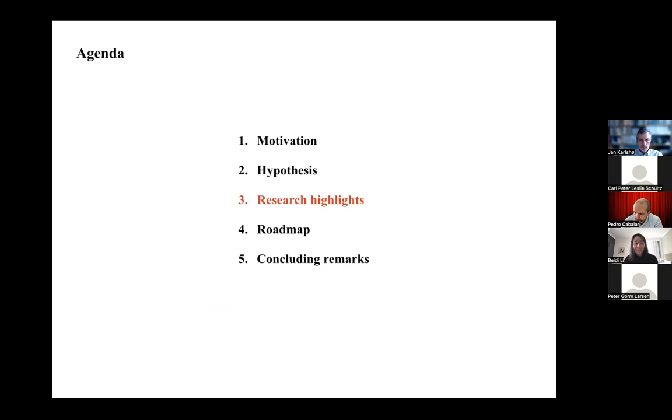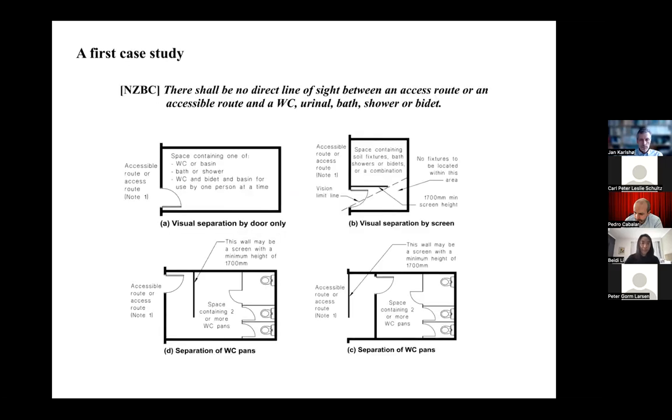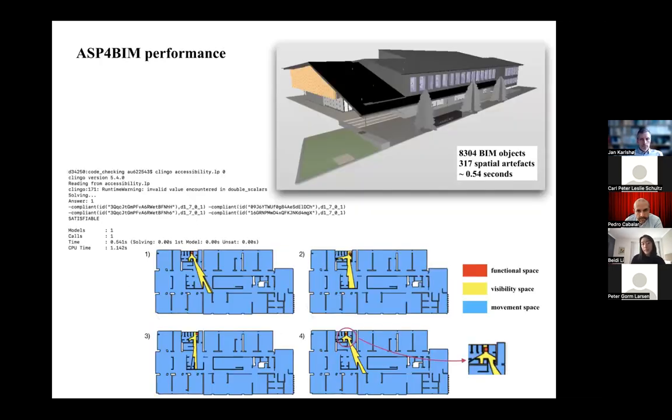Some highlights of the major research findings that will be shown later in this presentation. The first case study was a requirement about visibility: bathroom objects should not be visible from access routes. ASP for BIM is evaluated on a large-scale building model with 2 stories and more than 8,000 BIM objects.